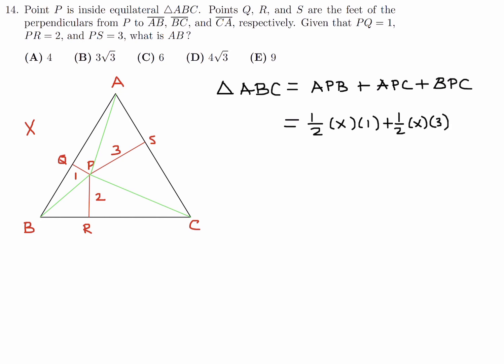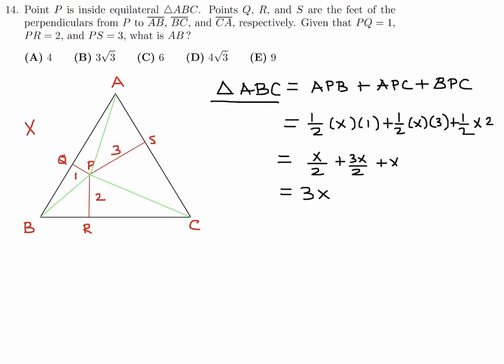And for BPC, the base is X and the height is 2. So simplifying, we get X over 2 plus 3X over 2 plus X, and this equals 3X.